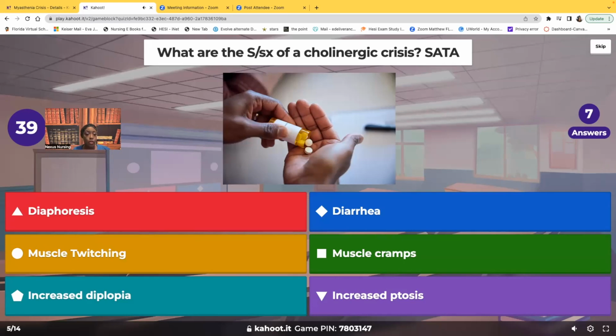On other exams, you may see a word I can't pronounce, something like facilitation. It starts with an F. Anyway, that means muscle twitching. Muscle cramps, increased double vision, increased diplopia, or increased ptosis, which is the drooping of the eyelids. What are the clinical manifestations you expect to see with cholinergic crisis?